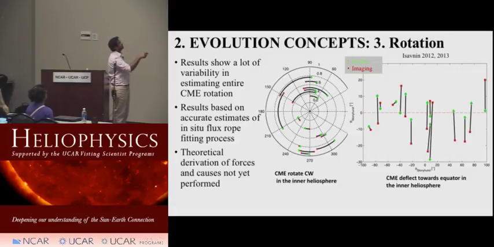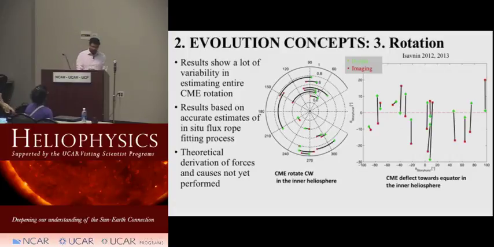And so they've highlighted how much it's changed between the coronagraphic fields of view, at about 30, 40 solar radii, which is red, to in situ, which is 215 solar radii, which is the green. So you've got about 150 solar radii of evolution happening between the red dots and the green dots.